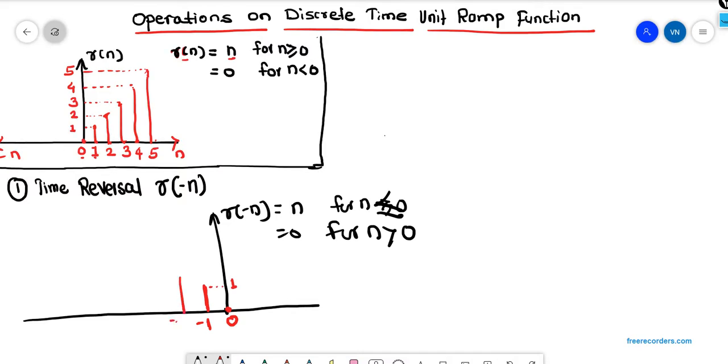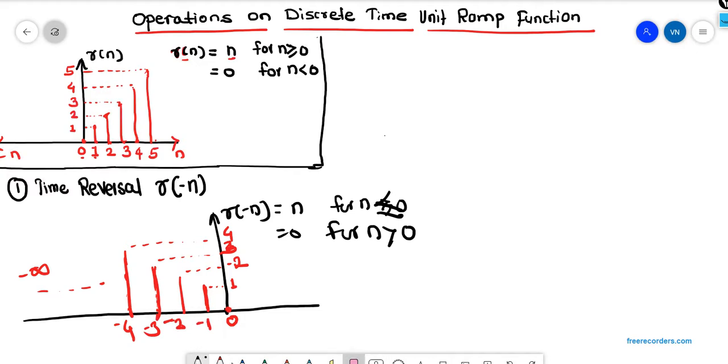Again the same, whatever the value of n, so minus 2 is a 2. Only the amplitude is the same for each and every time period, but the time is reversed, extending to minus infinity. So in this case, we have taken the time reversal operation. Only the time is reversed, but the amplitude stays the same. That is r of minus n equal to n, a time reverse.